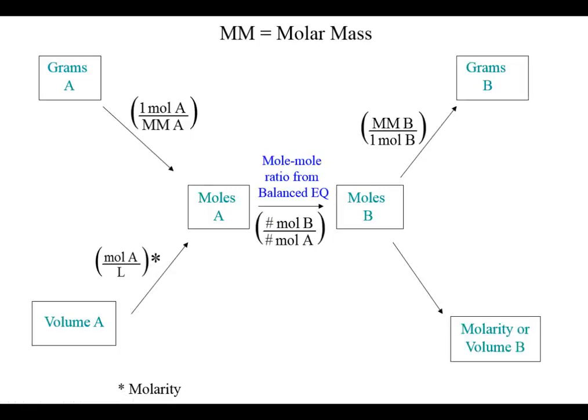The bottom right box will either be molarity or volume of B. Remember, the whole point of a titration is to help you determine the concentration of an unknown solution, which would be molarity. But sometimes the question may be worded where they ask how many milliliters of this solution would be needed to reach the end point, in which case you would be solving for volume.